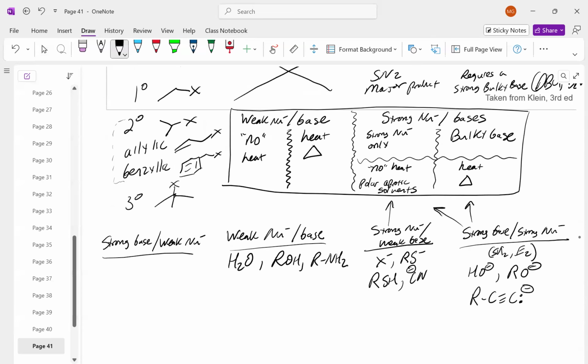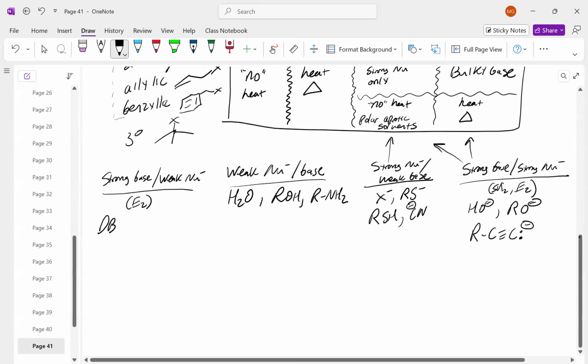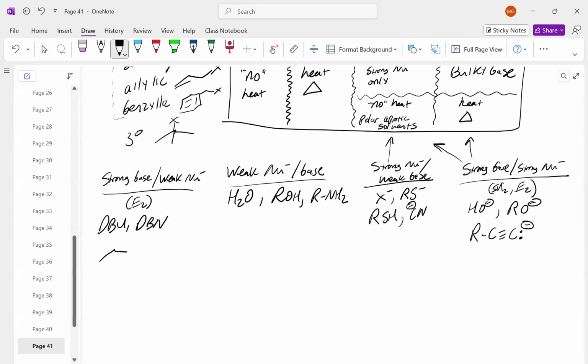These do exclusively E2 or mostly E2. I've highlighted a few. We could use DBU, we could use DBN, we could use tert-butoxide if the substrate isn't primary, so for secondary and tertiary substrates.